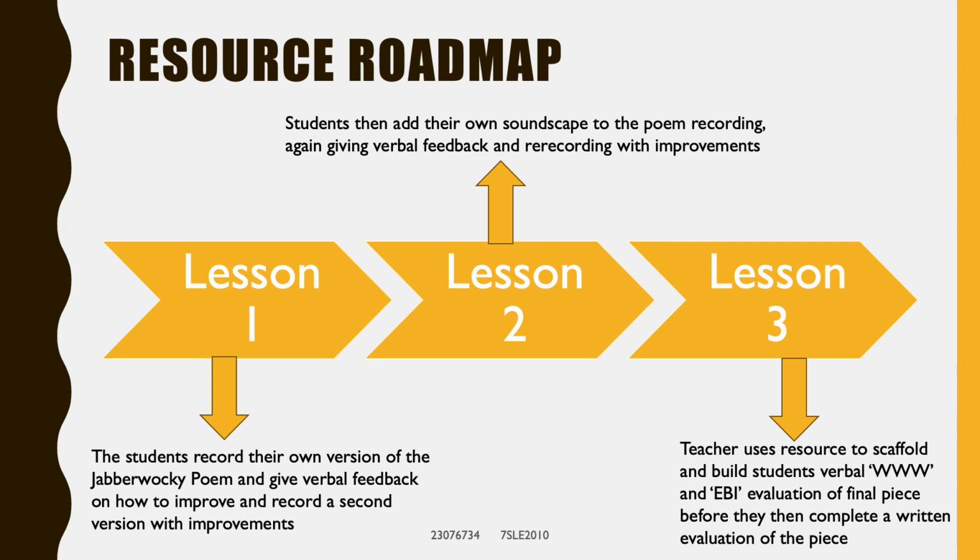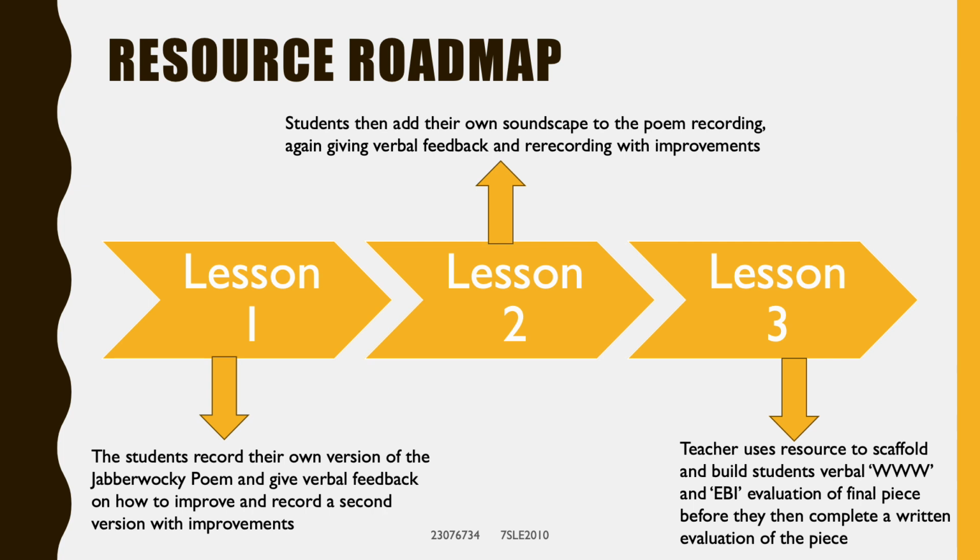The way that I have chosen to use the resource I have created is during a Year 7 scheme of work to do with voice, specifically with their Jabberwocky poem project. Over 2 lessons, the students record their own version of the Jabberwocky and their own soundscape. In Lesson 1, they record their own version of the poem in groups, each getting a verse each.